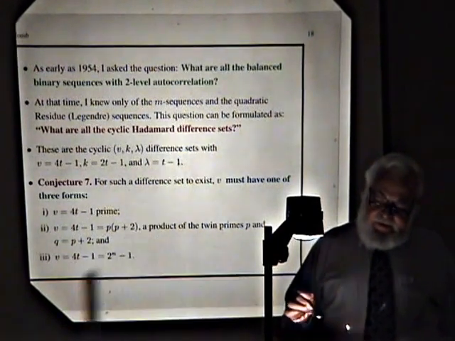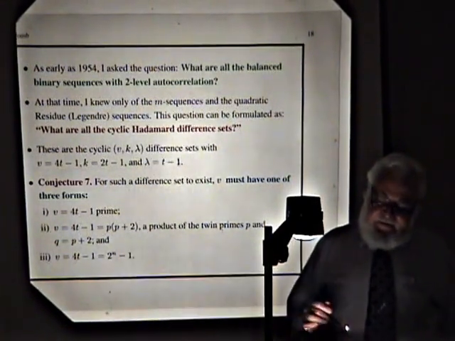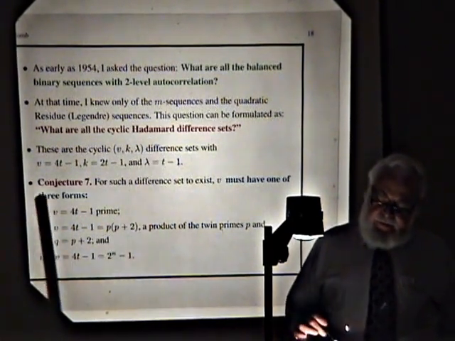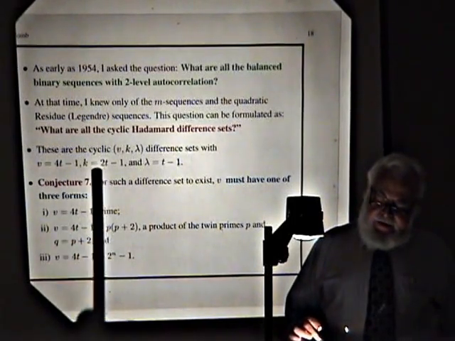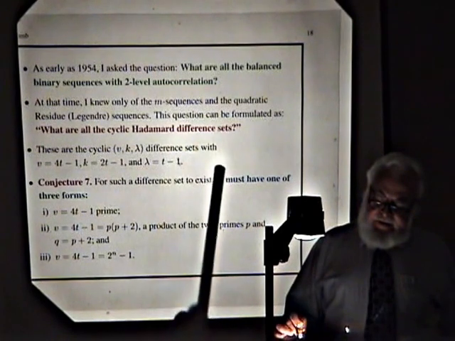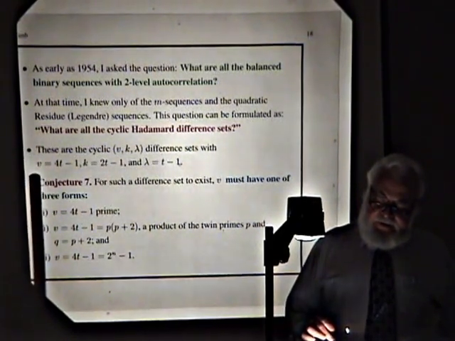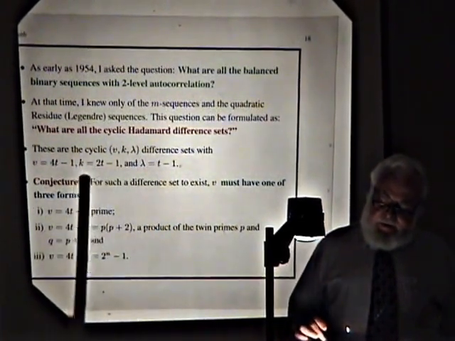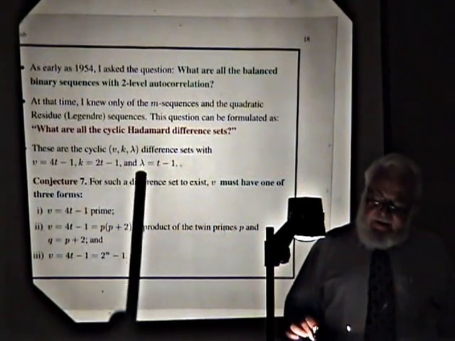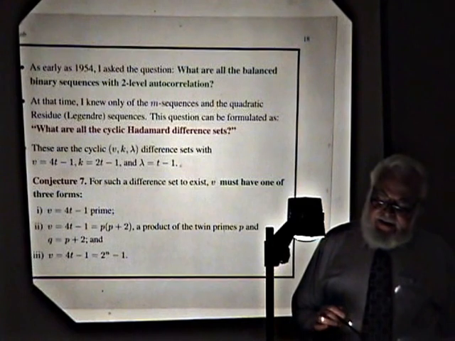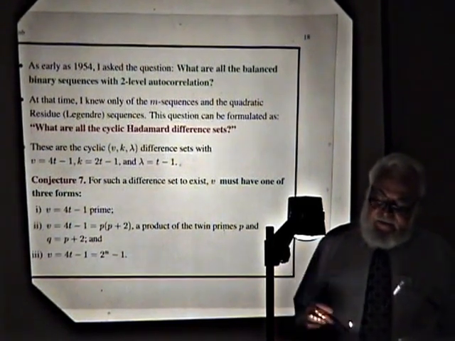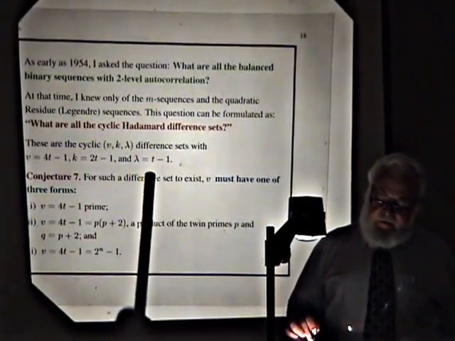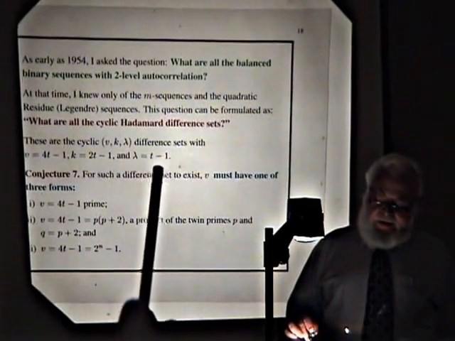An equivalent way to formulate this, which I didn't know in 1954, but realized maybe a year or two later, is finding all the cyclic (v, k, lambda) difference sets with the parameters v, the period, being 4t minus 1, k being 2t minus 1, the number of elements in the difference set, and lambda, the number of agreements among cyclic shifts of the difference set, being equal to t minus 1 for any t greater than 1, I guess.